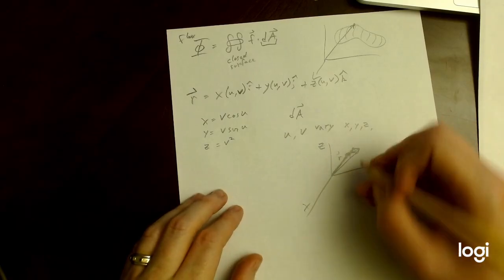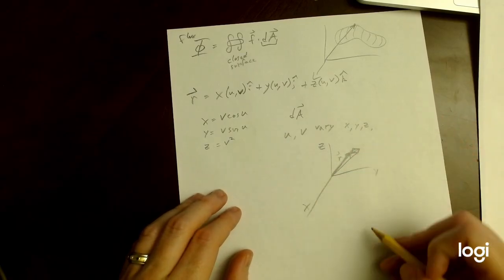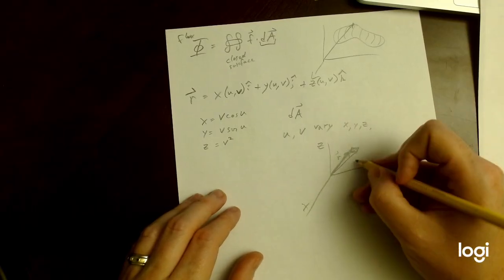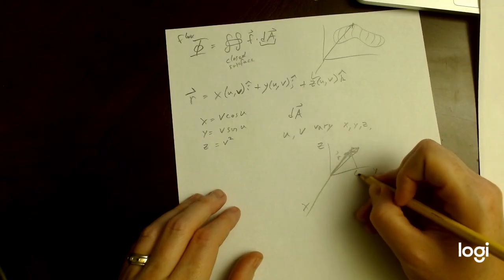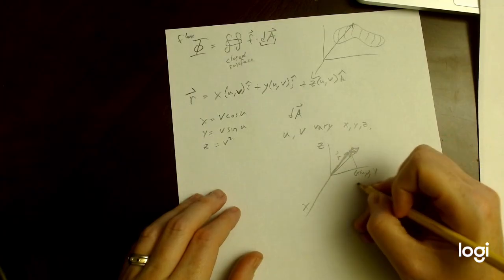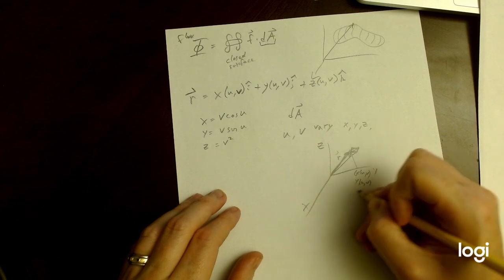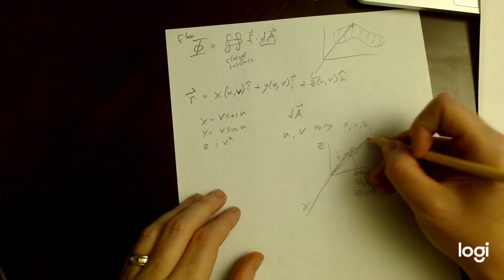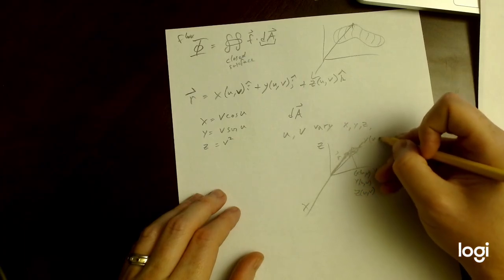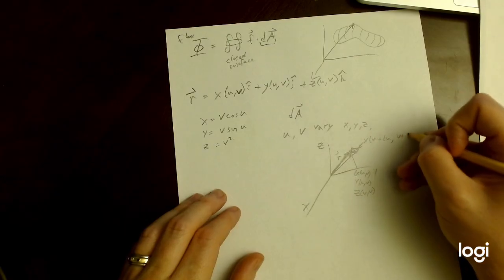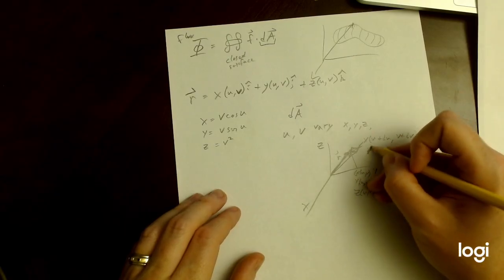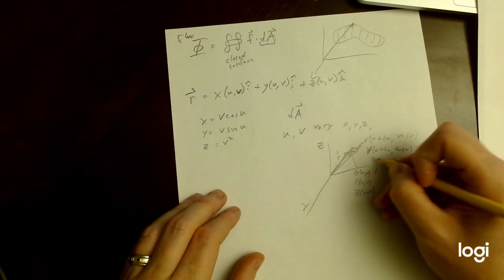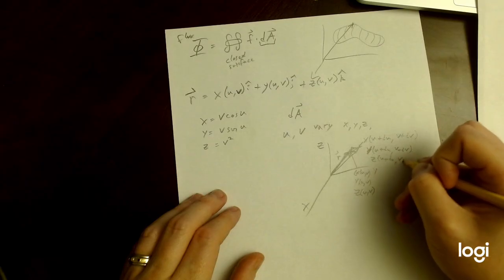It takes me from my x, y, and z coordinates that depend on u and v, which are x of u, v, y of u, v, and z of u, v, to some other point, which is x of u plus du and v plus dv, y of u plus du and v plus dv, and z, the same thing, u plus du, v plus dv.